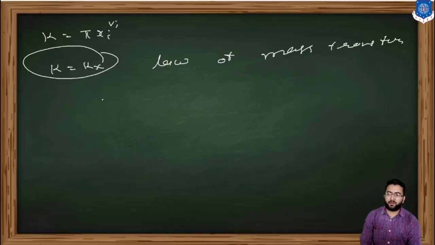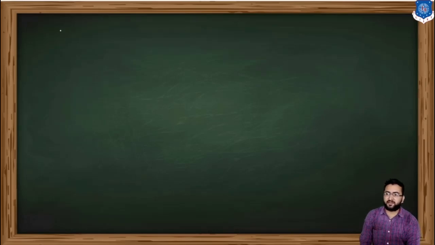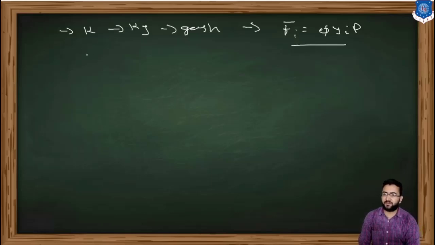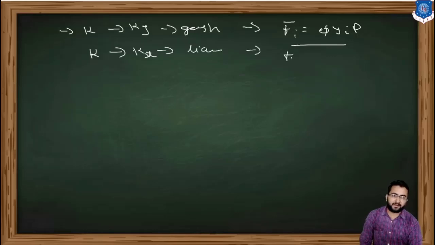So this is all about today's lecture. In this lecture, we discussed the relation between the equilibrium constant and equilibrium conversion. Then we discussed the gas phase reaction, where we use Fi bar equal to phi I YI P. Remember this equation. Then we discussed the relation of the equilibrium constant to conversion for the liquid phase reaction, where Fi bar is given by gamma I Xi Fi naught.